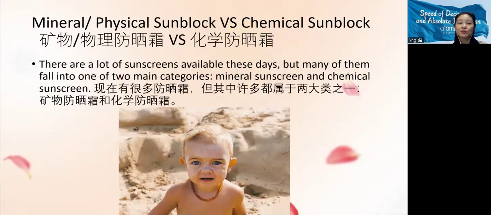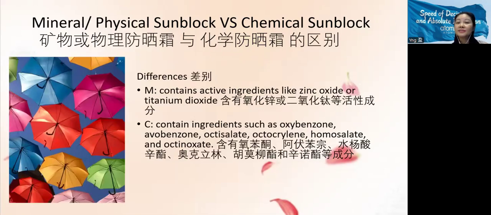Let's take a look. There are basically two types of sunscreen, the mineral or physical sunscreen versus the chemical sunscreen. There are lots of sunscreens available these days, but many of them fall into two main categories, which are the mineral and the chemical sunscreen. And what's the difference?